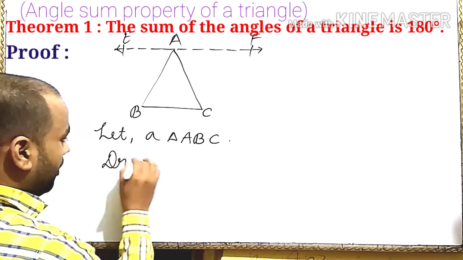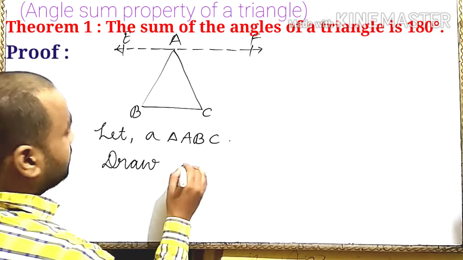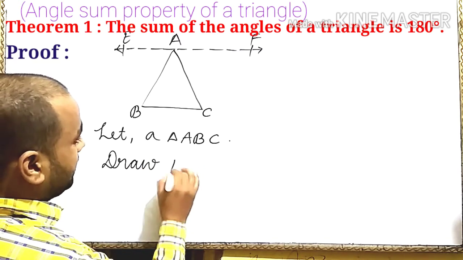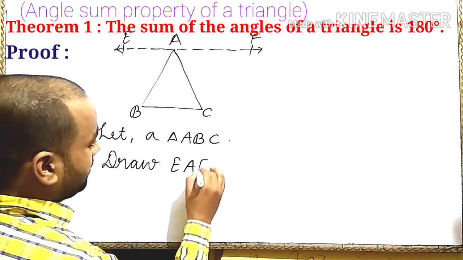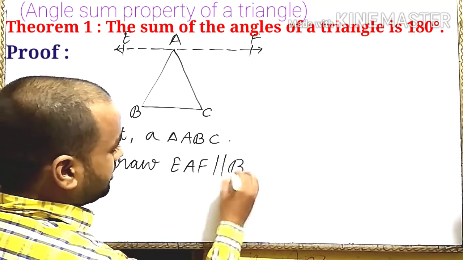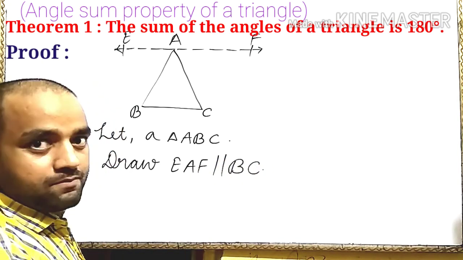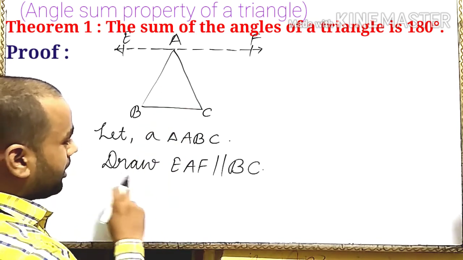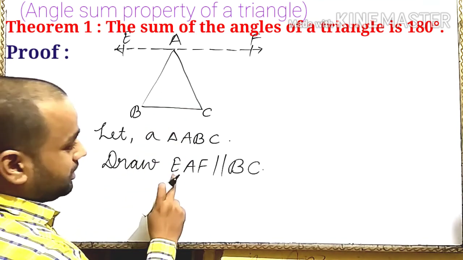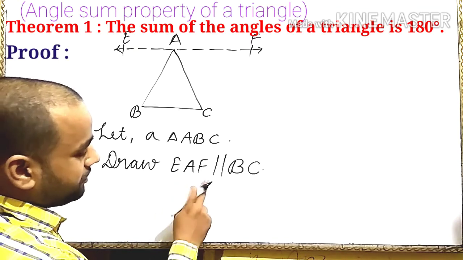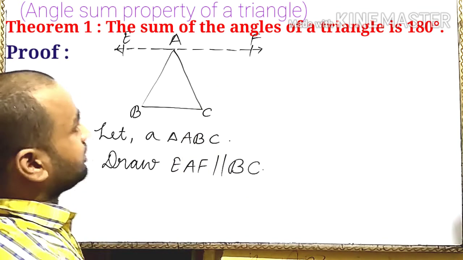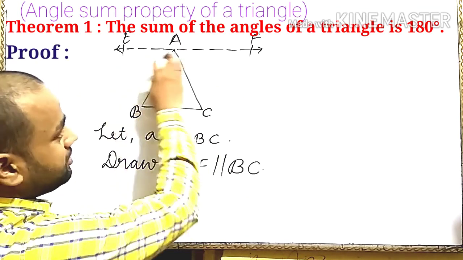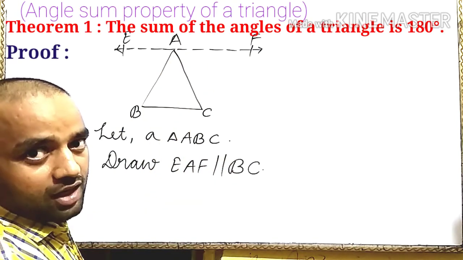Here draw a line EAF parallel to BC. Is it clear? In this case, construction is required, so we construct line EAF parallel to BC. Construction is always drawn in a dotted line. Is it clear?